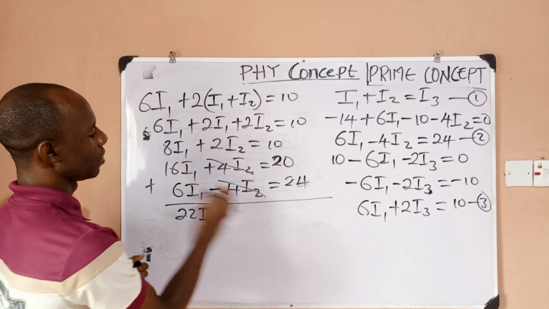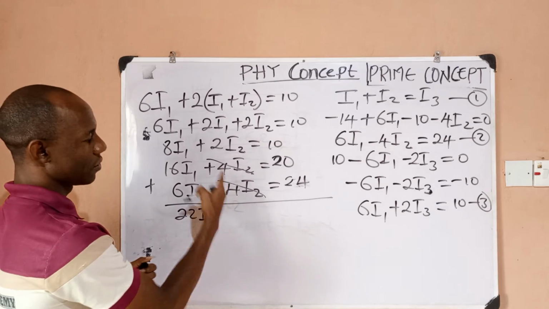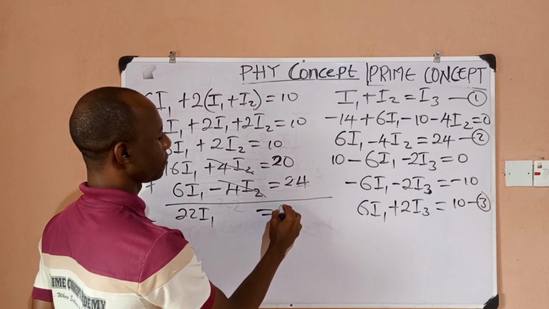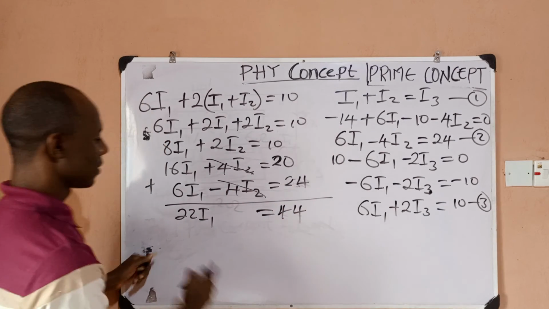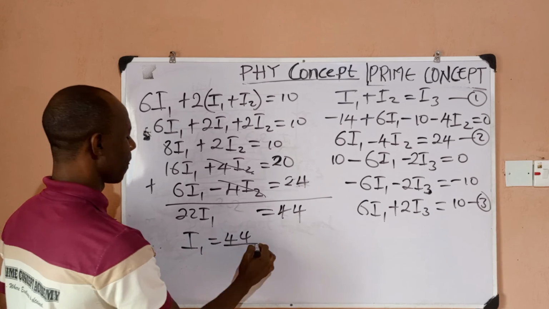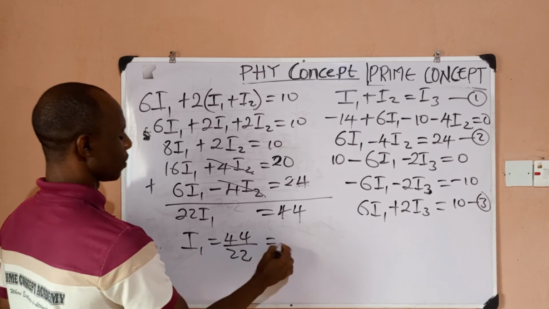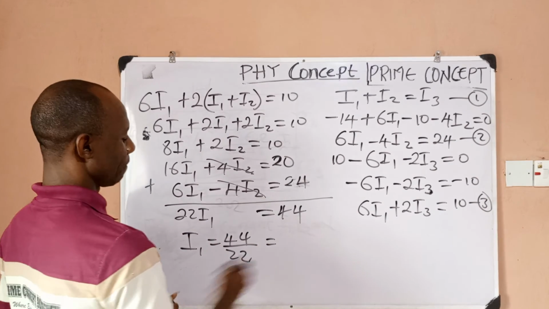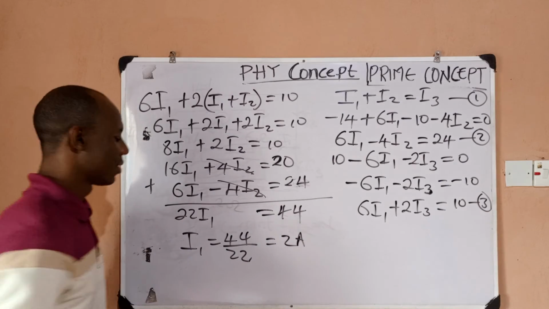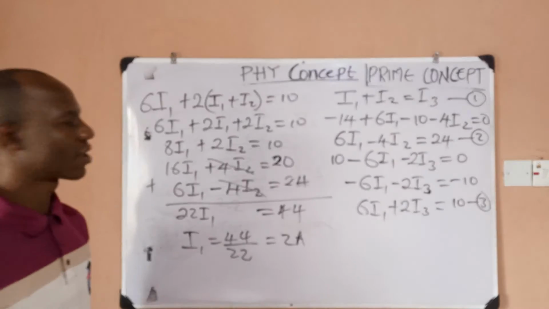This would fizzle because this is plus 4, this is minus 4, they would fizzle out. Then I have this plus this is 44, right? Now I want to find I1. So I1 is going to give me 44 divided by 22, which is going to be 2 ampere, right? So I have my first current I1.